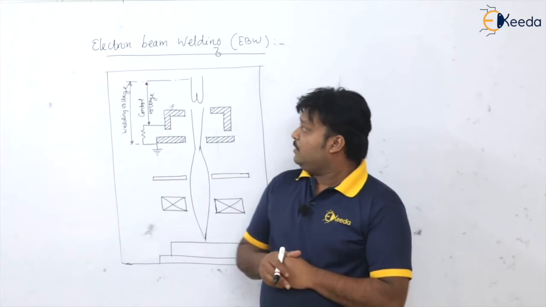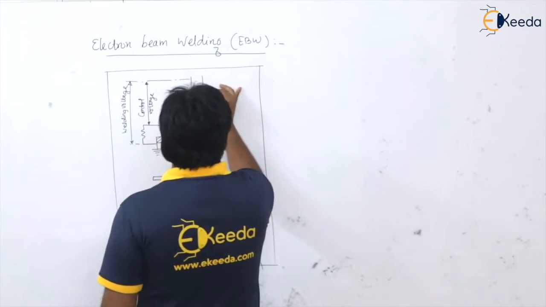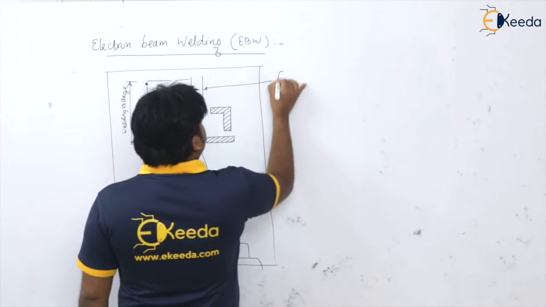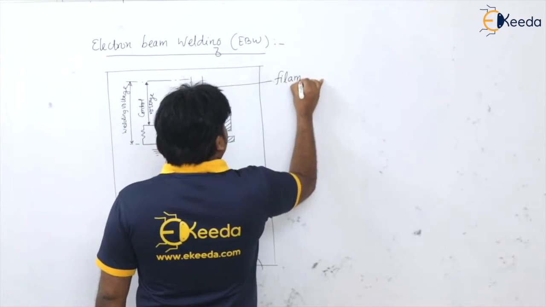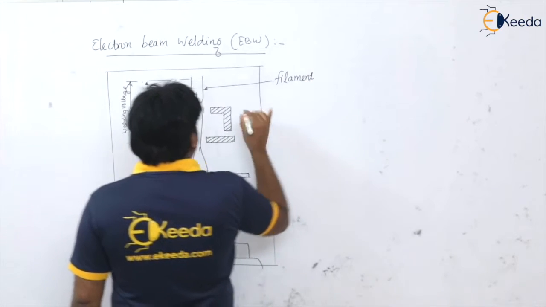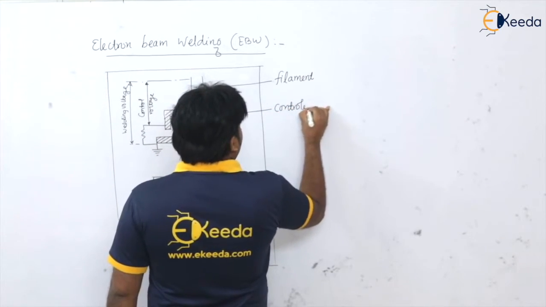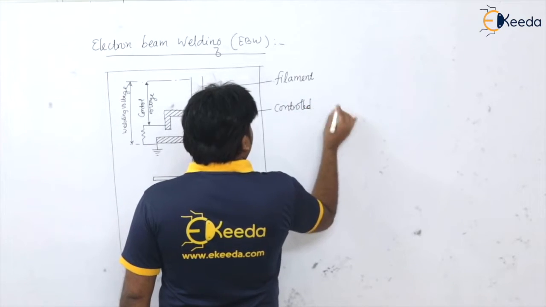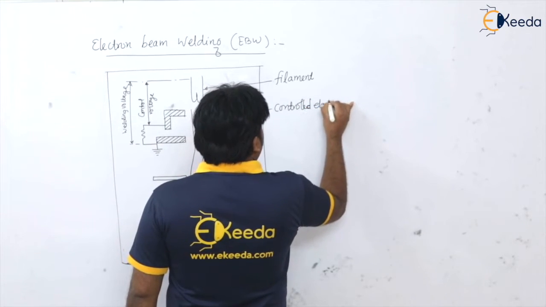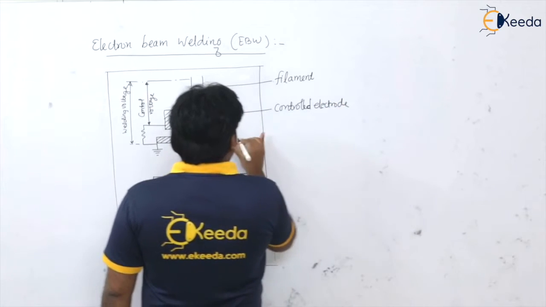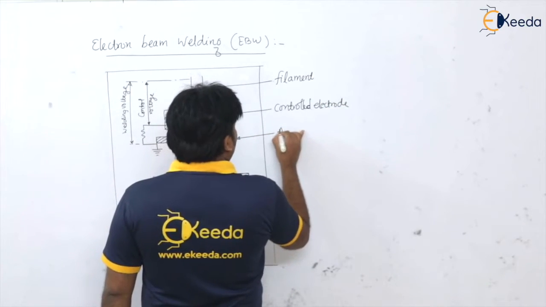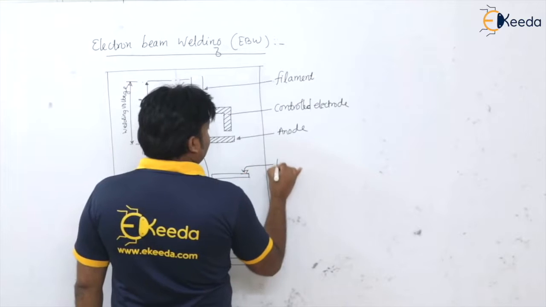Here, this is the filament from where the electrons are emitted. This is the controlled electrode, this is the ring shaped anode. These are the positioning diaphragms.